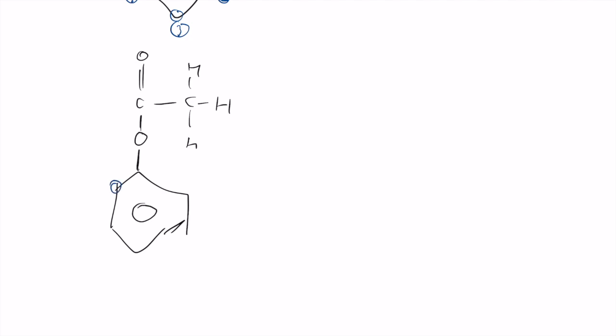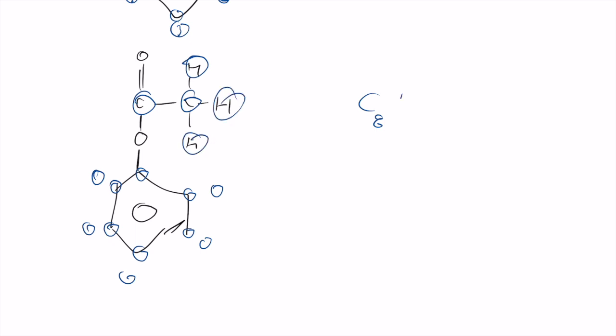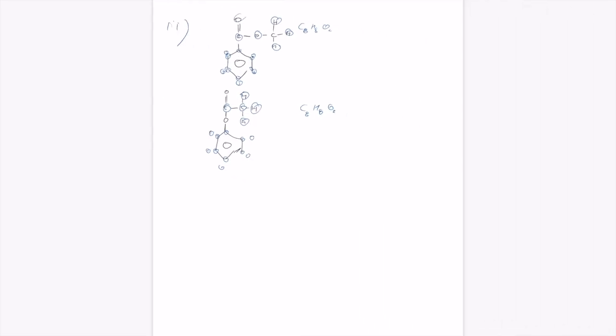So 1C, 2C, 3C, 4C, 5C, 6C, 7C, 8C. So the C's check out. Now we need 8 H's. So 1H, 2H, 3H, 4H, 5H, 6H, 7H, 8H. That checks out. Then we need 2 O's, which we do have. So these are 2 isomers.